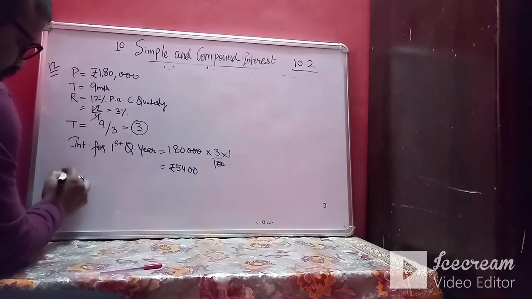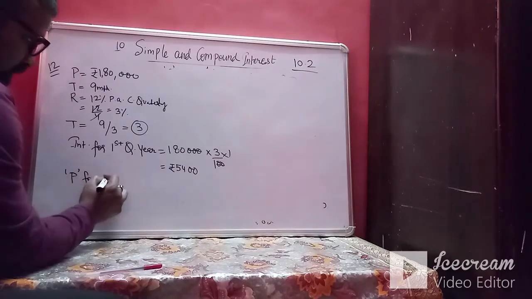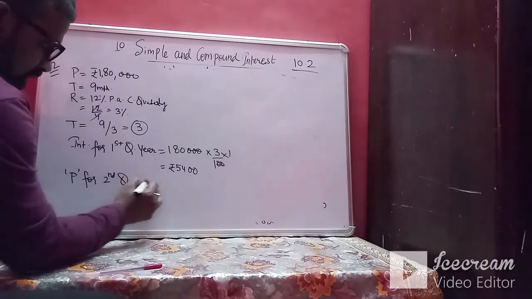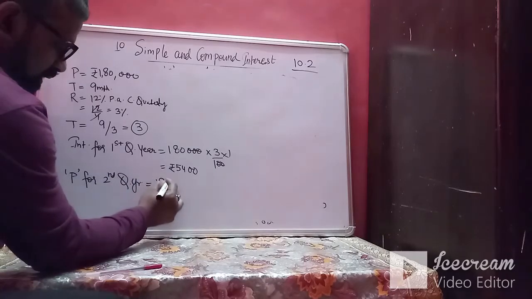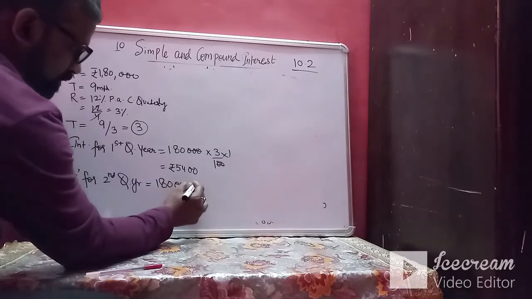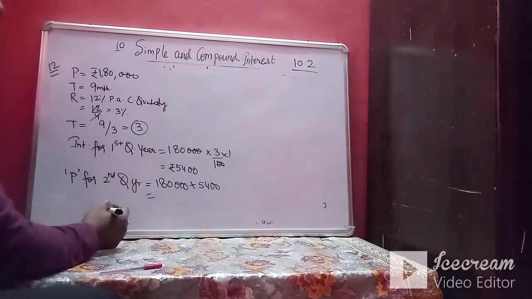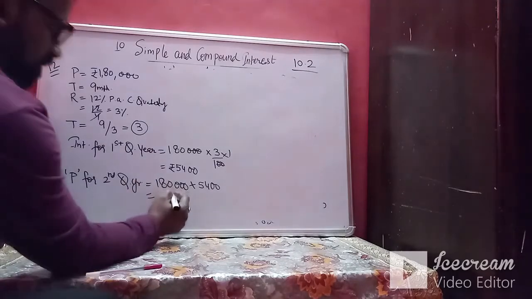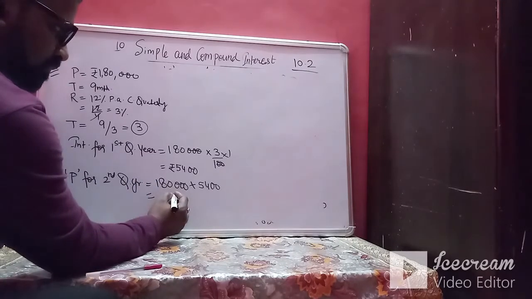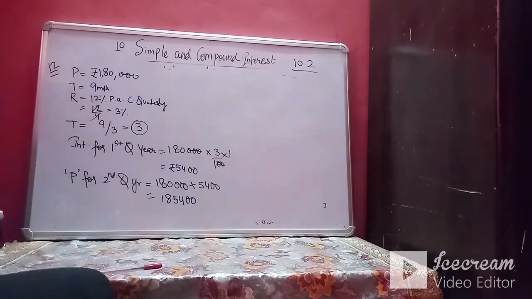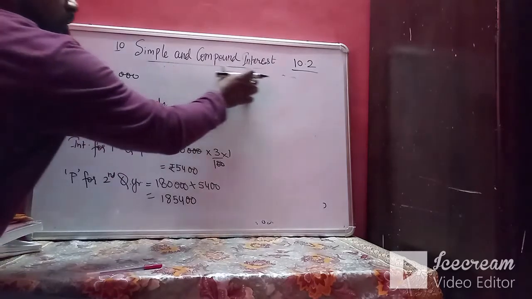Then we will calculate P for the second quarter year, that is 180,000. This was the principal, this was the interest we got. So it will be 185,400. Okay, so this becomes the principal for the second quarter year.